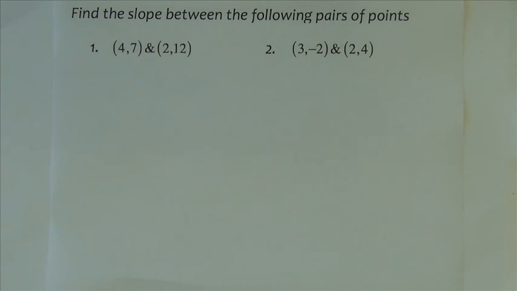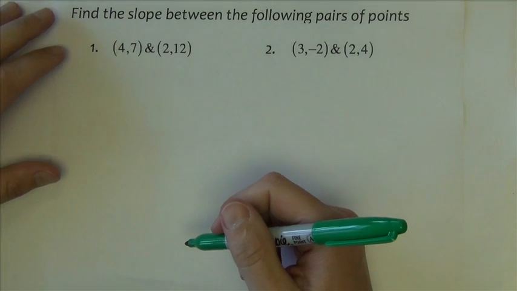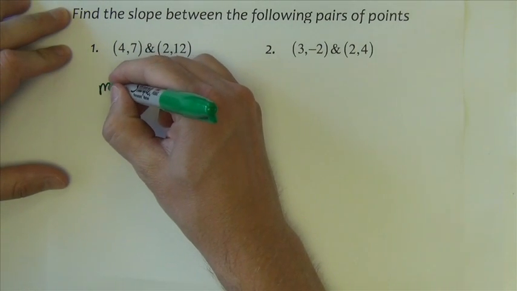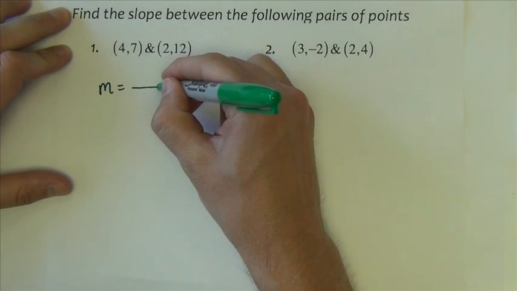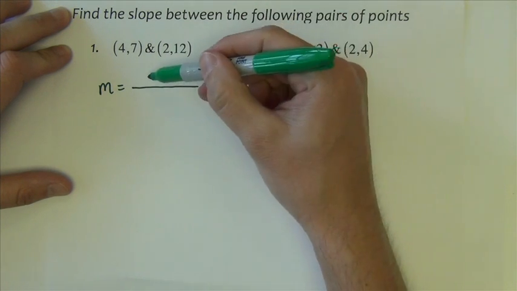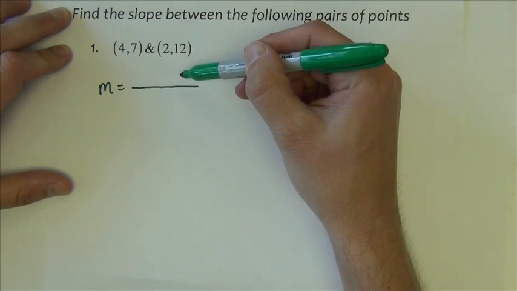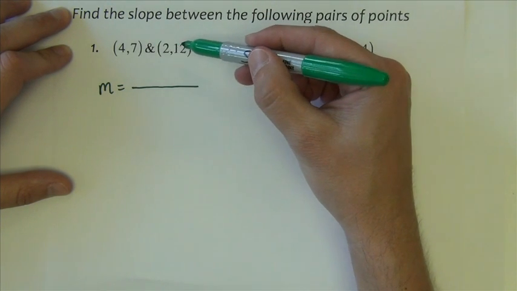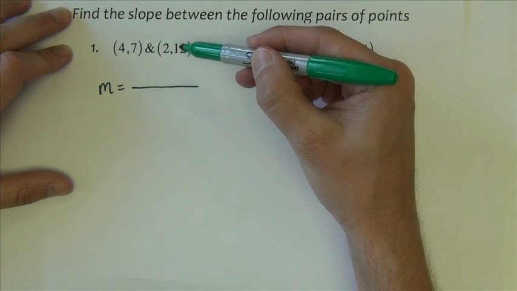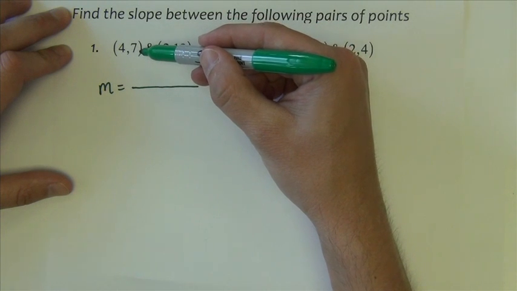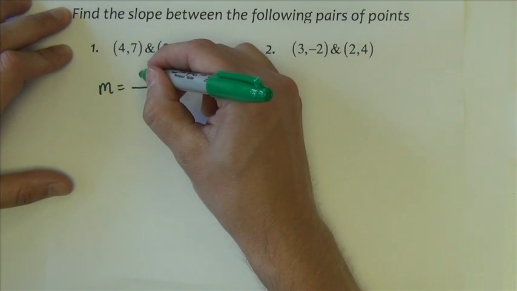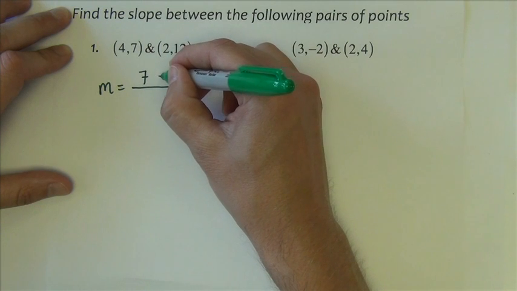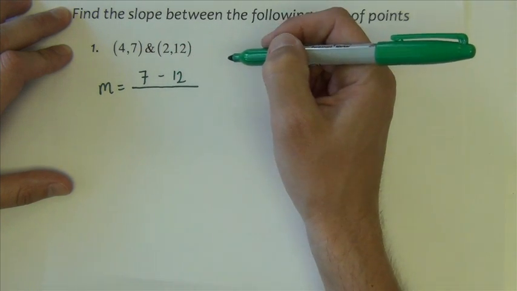Now, just a couple of quick examples finding the slope between pairs of points. First example, I need in the numerator to be the change in the y's, and I can subtract them in either order. I could do this y 7 minus this one 12, or I can start this one 12 minus this one 7, and it really doesn't matter. So I'm just going to take them in the order they're given, 7 minus 12.